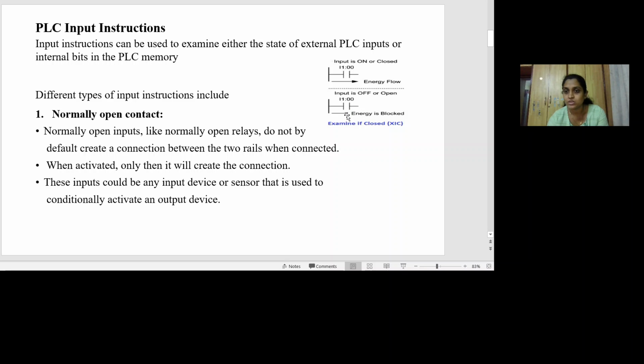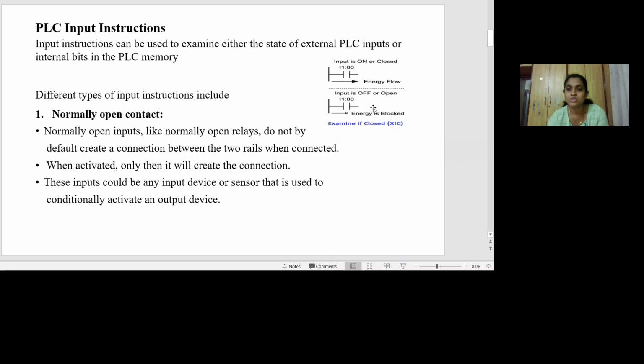Here the energy is blocked because the contact is open. When this contact is open, there is no connection between the two power rails. Hence, the output element which is connected in this line will be de-energized. This is the normal operation.